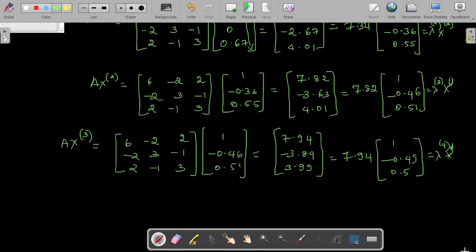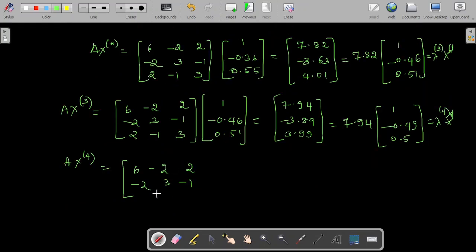So continue again, because there is a difference between 7.8 and 7.9, and the eigenvectors are also different. Little closer, but you still need a more precise approximation. A into x4: 6, minus 2, 2; minus 2, 3, minus 1; 2, minus 1, 3, 2, into 1, minus 0.49 and 0.5. Take this vector and multiply here.